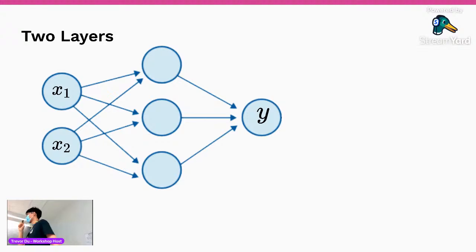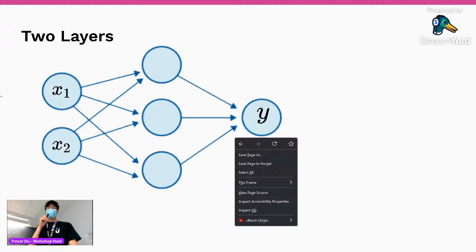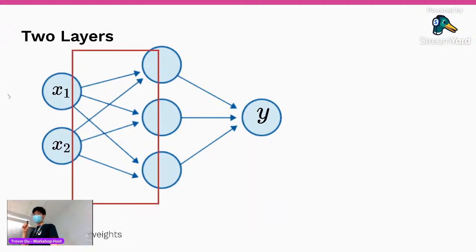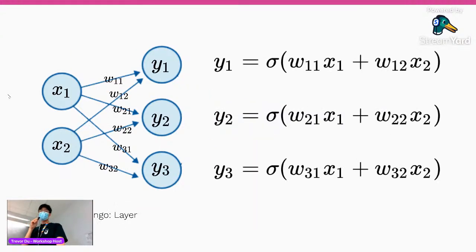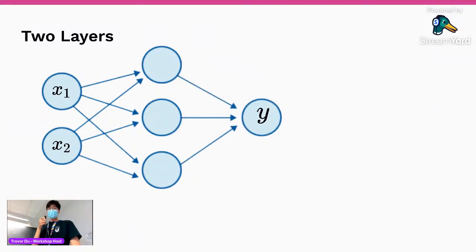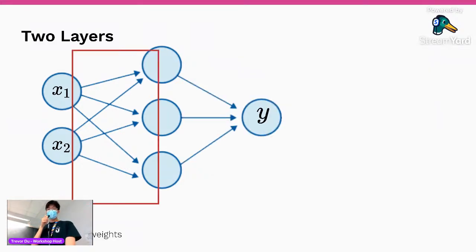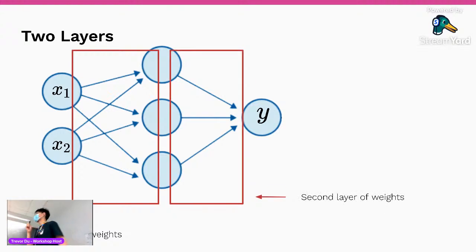All right, and here is a multi-layer perceptron with 2 layers instead of 1 layer. And what this one does is it pretty much stacks another perceptron on top, taking the outputs y1, y2, y3 as the input. So there's 2 layers. There's our first layer of weights. There's our second layer of weights.